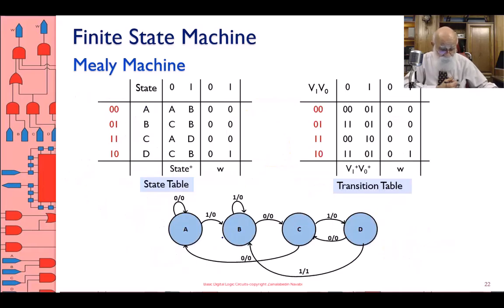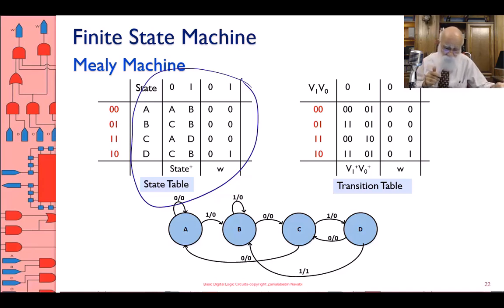State table, all it is is turning the circular thing, the state diagram, into a tabular form. So this is my state table. Again, let's look at the B example.